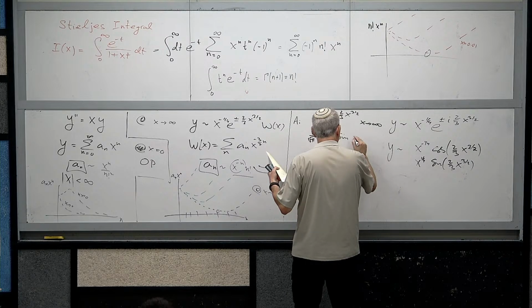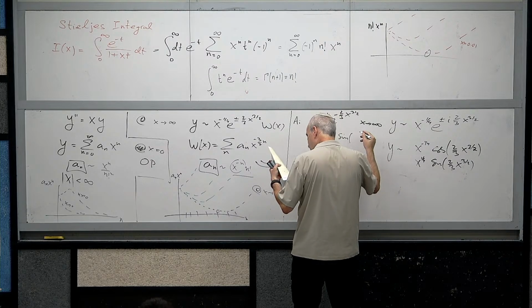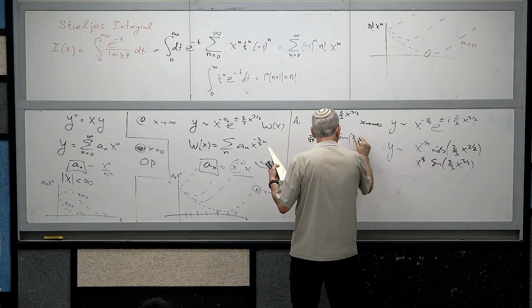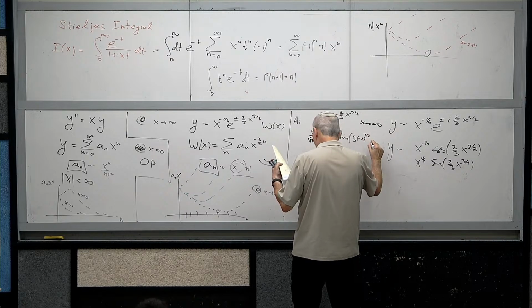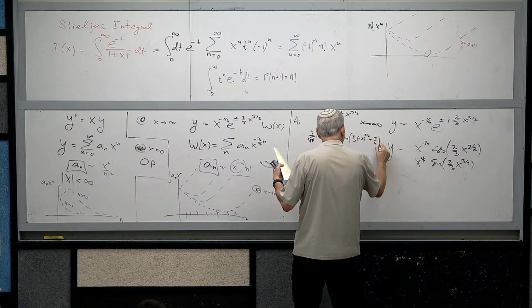We are going to use this formula next, so that's why it's important to write them. 2/3 minus x to the 3/2 plus pi over 4.